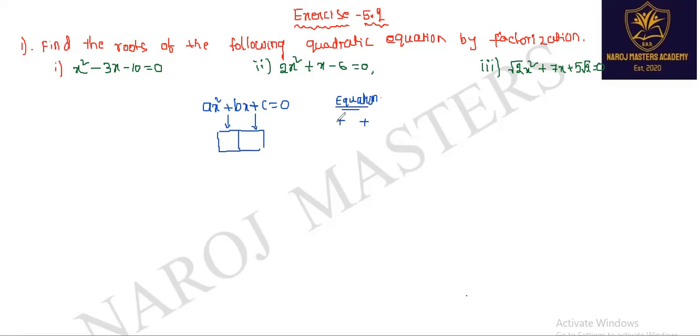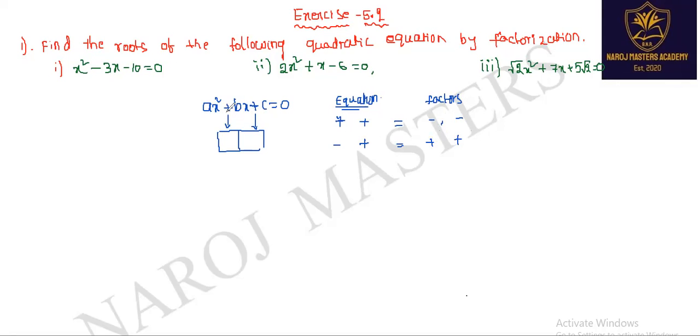If both are plus symbols in the equation, then both factors are negative. If the first one is minus and the second one is plus, then both factors are positive.